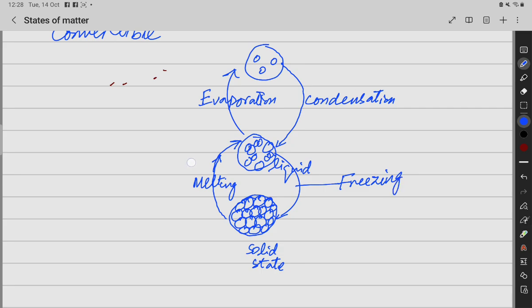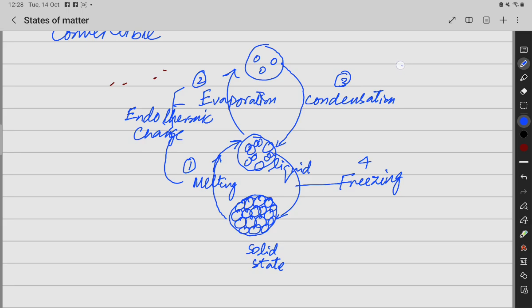Okay, this is one physical process, two physical process, three physical process, four physical process. In melting, heat is taken in; in evaporation, heat is also taken in. These two are endothermic changes, because heat is provided to solid and then liquid, and liquid turned into gas.